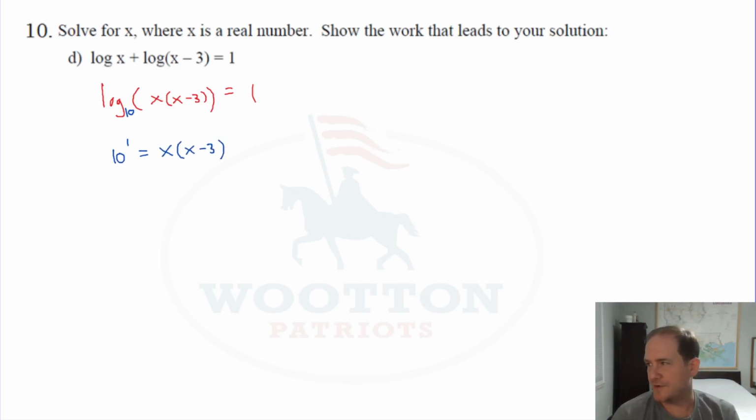So 10 to the 1 is obvious. That just stays 10. Over here I would distribute the x to get x squared minus 3x. Then that's a quadratic. So I'm subtracting 10 from both sides. Get it into standard form, then I'm factoring.